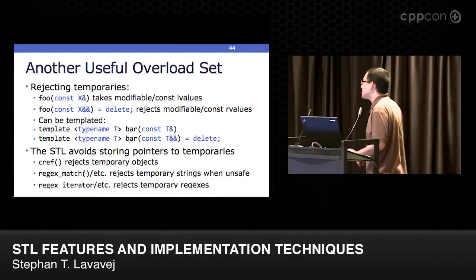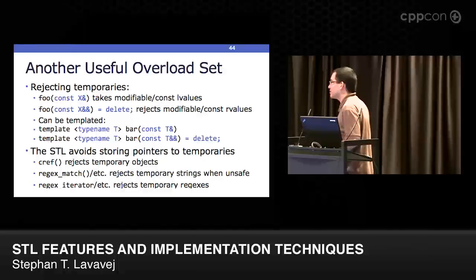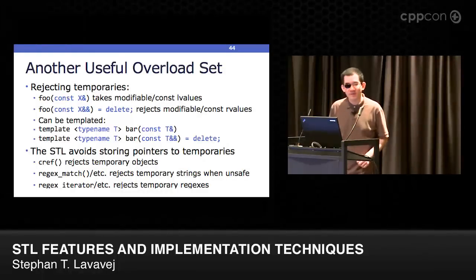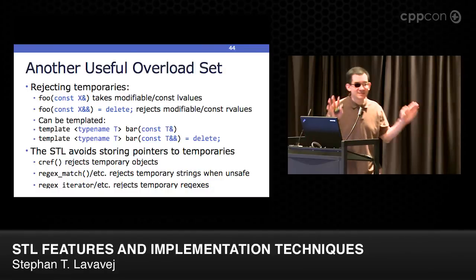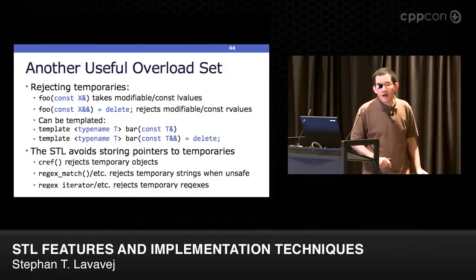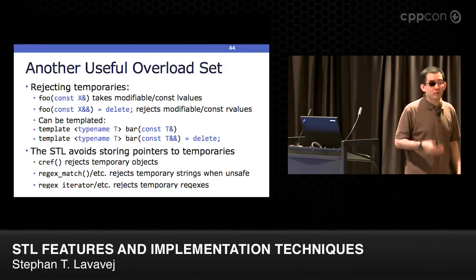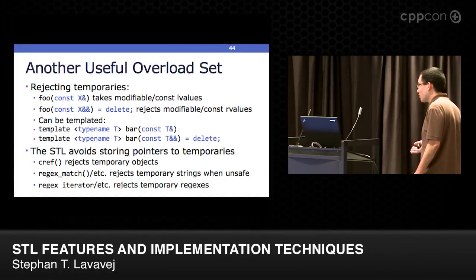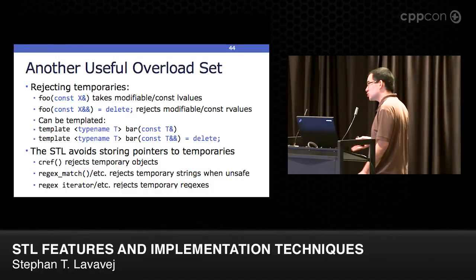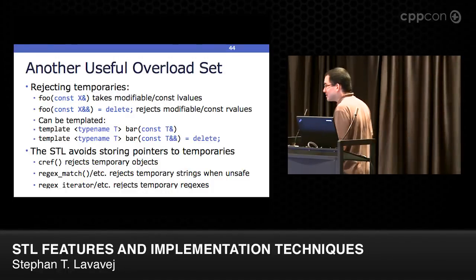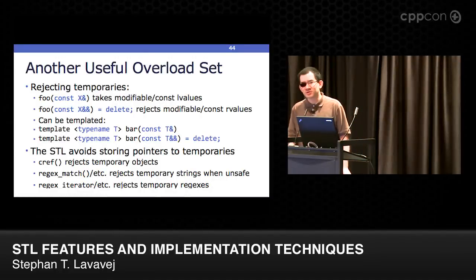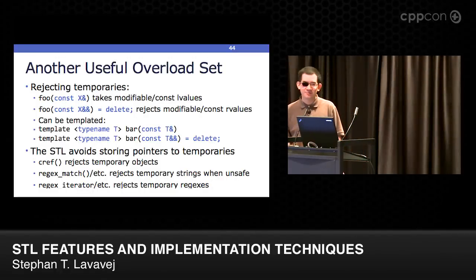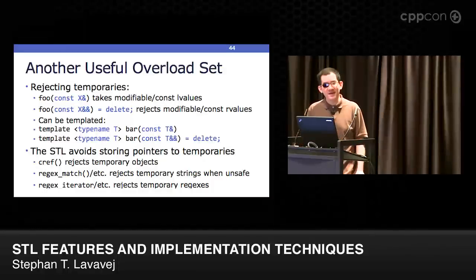It would be very bad to get a reference wrapper to a temporary that's just going to evaporate instantly. So cref is overloaded with this templated form so that it rejects temporaries on sight, and will not compile. In C++14, regex_match, in the scenario that I showed you, is now overloaded on const string ref, which is good, and const string ref ref is deleted. Because if you give me a temporary string and a match results, I don't want to fill that match results with iterators into that temporary string. You're probably going to try to dereference them. That would be bad.